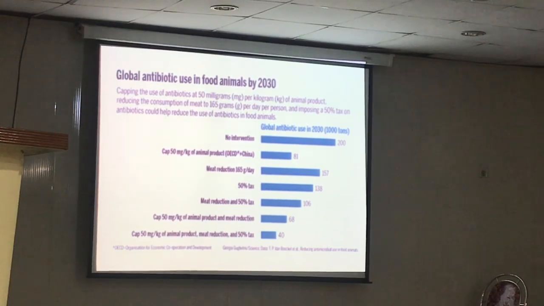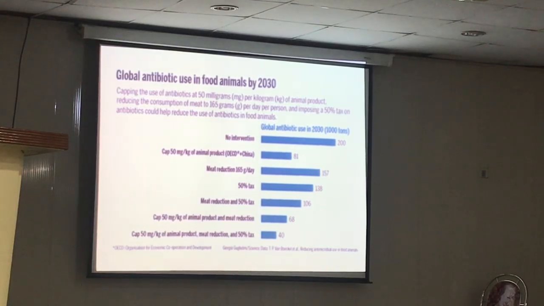Now, if you cap the antibiotic use to 50 milligram per kg of the animal, it is significantly reduced. If you reduce your meat consumption to 165 grams per day, that also has an effect. If you introduce a system of taxation, that has an effect. And if you use a combination of these methods, those also have an effect.